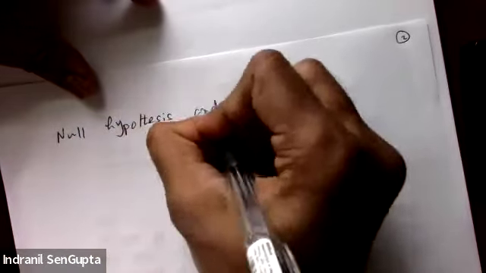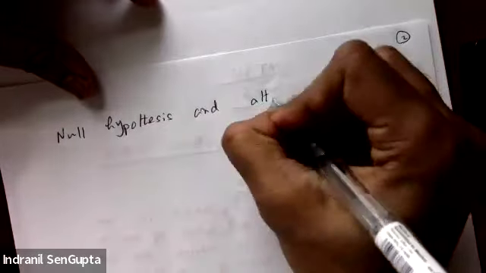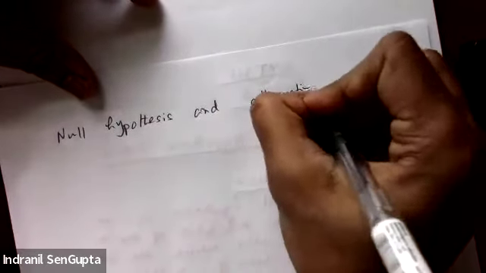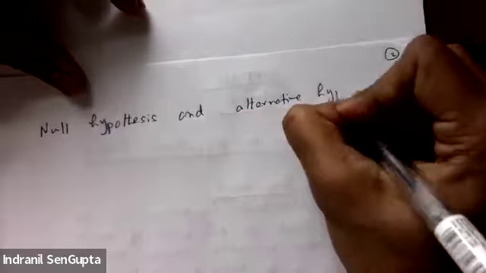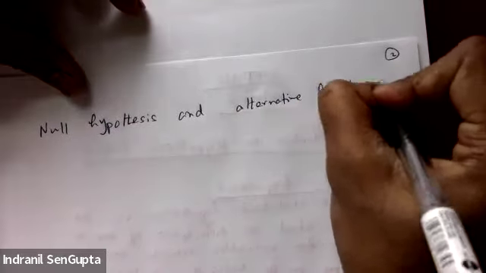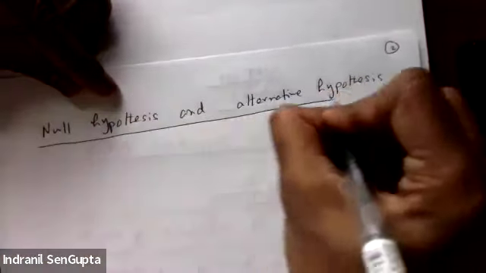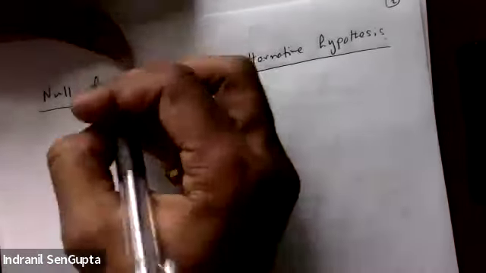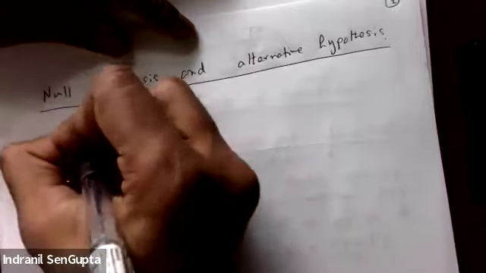So here's a very important definition for this section. It's the null hypothesis and alternative hypothesis. So what is a null hypothesis?